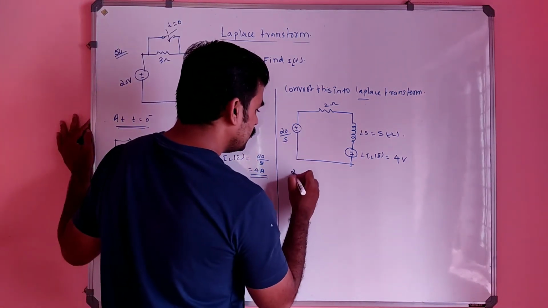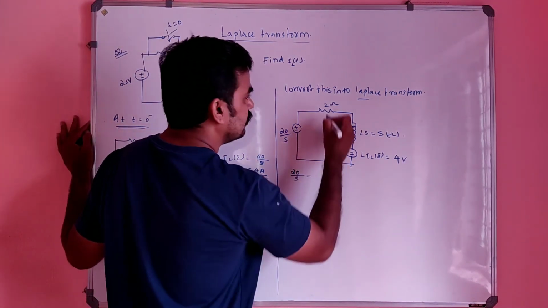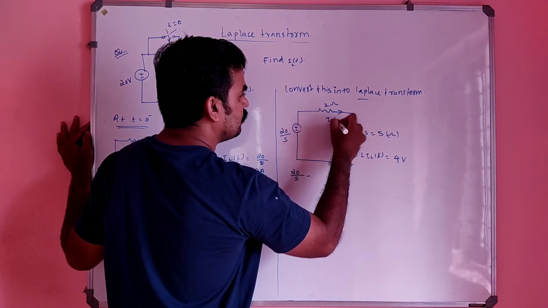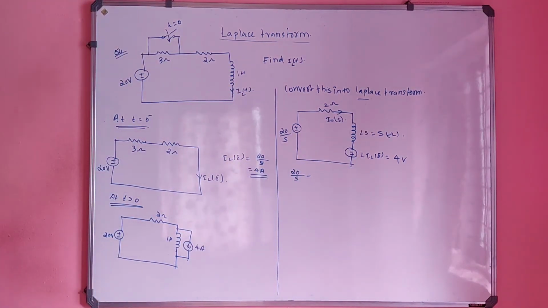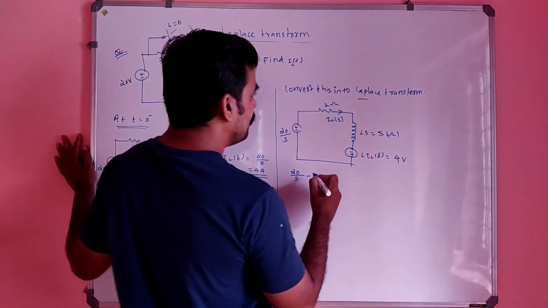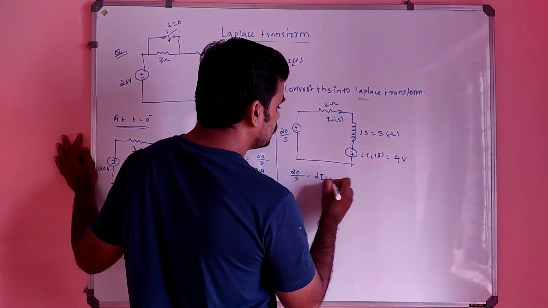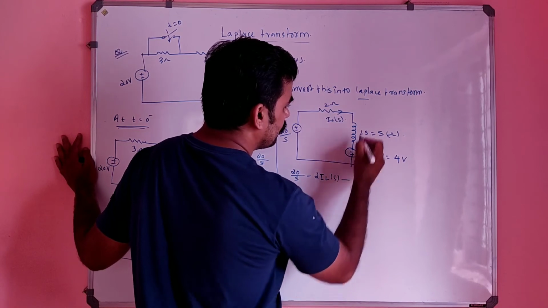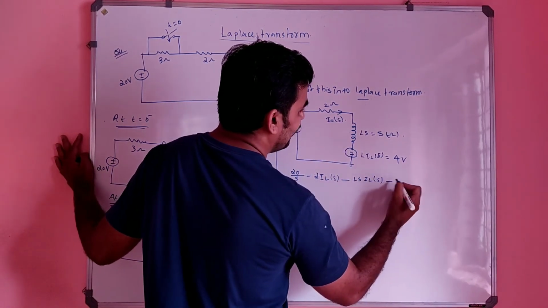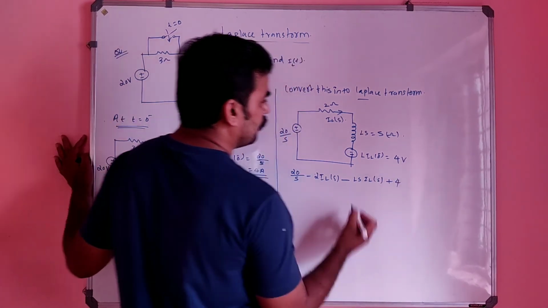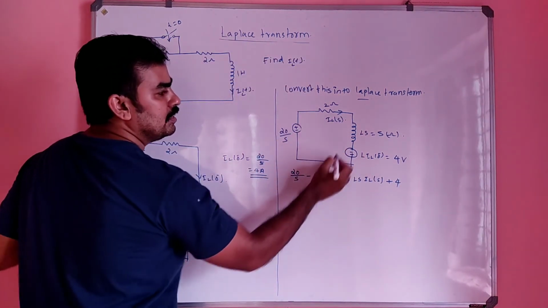That is 20 by S minus 2 into IL of S, minus LS into IL of S, minus plus 4. Apply KVL in this loop.